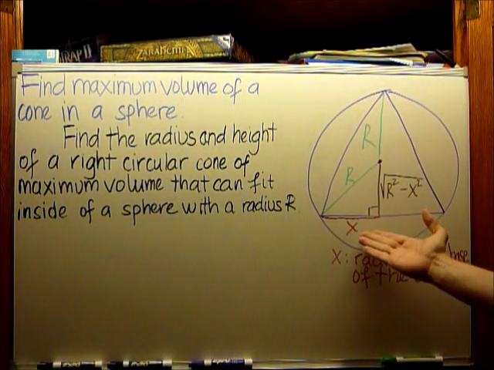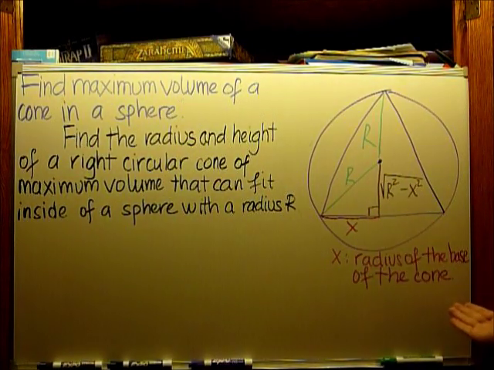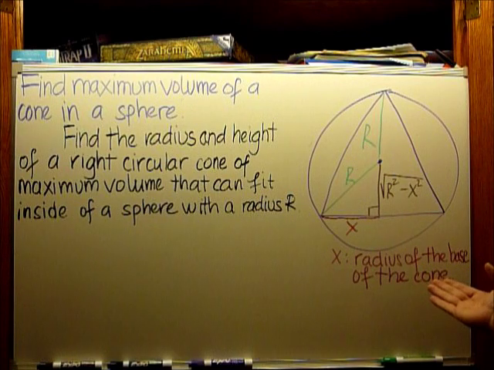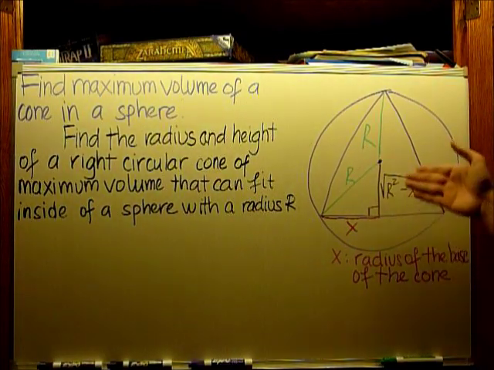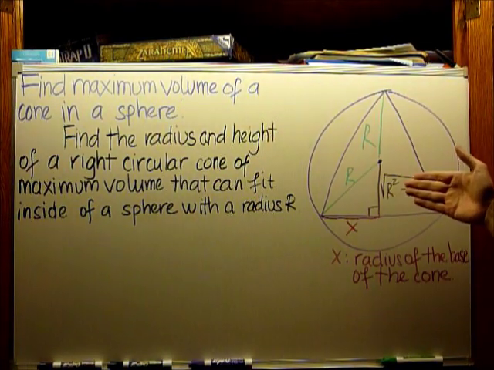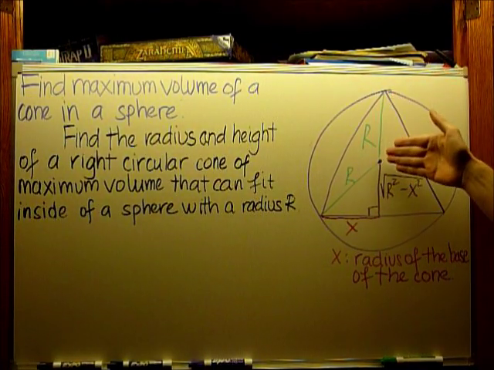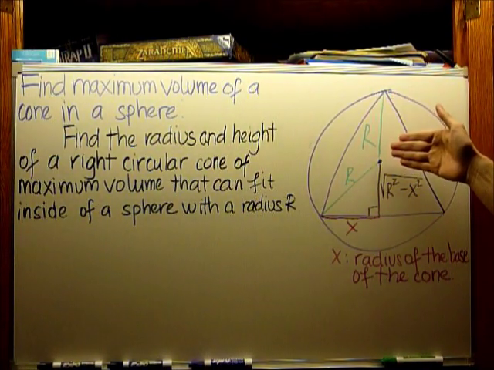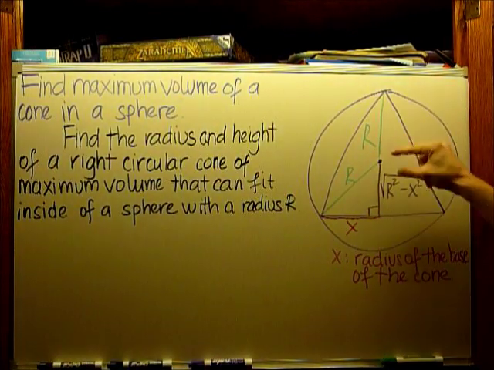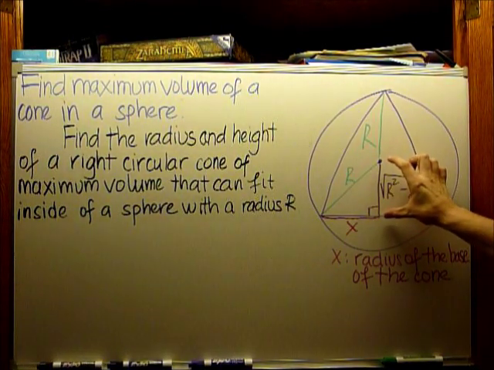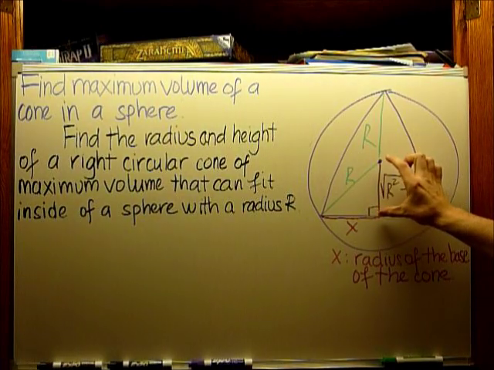So the radius of the cone is going to be represented by x, and to get the height, it'll basically be the radius of the sphere plus this remaining part of the height of the cone.